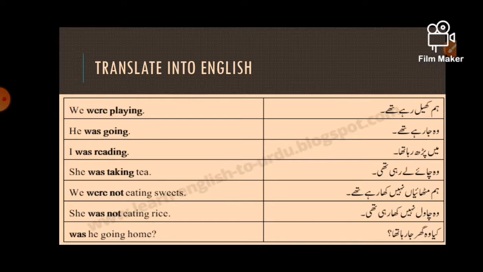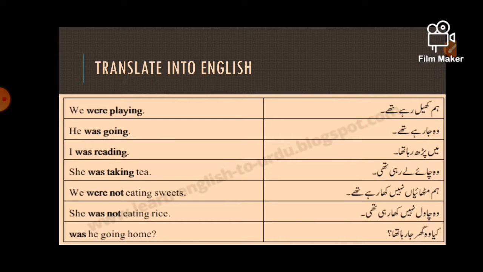Subject plus auxiliary verb plus present participle. And we use auxiliary verbs according to the tense: is, am, are, was, were, will or shall. And the present participle will be the same in all continuous tenses.